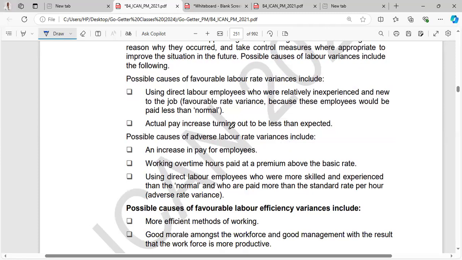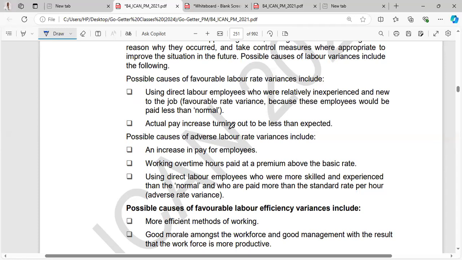Then adverse rate variance: increase in pay for employees. So you've planned that you are going to be paying your workers a 30,000 naira minimum wage. The minimum wage now increases to how much? 70,000. It's going to become adverse because you increase your labor pay, you increase their rank, increase their pay. Then working overtime paid at a premium above the basic rate.